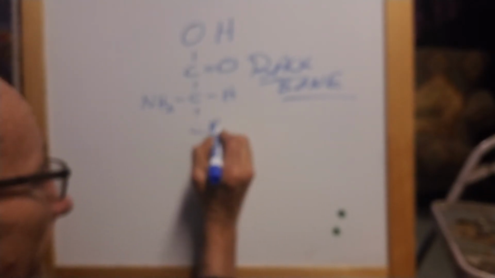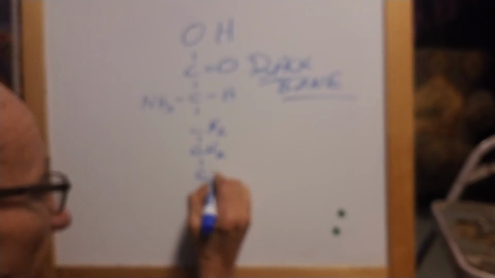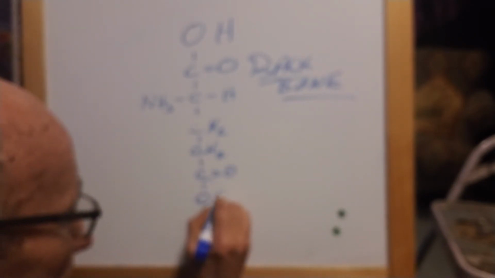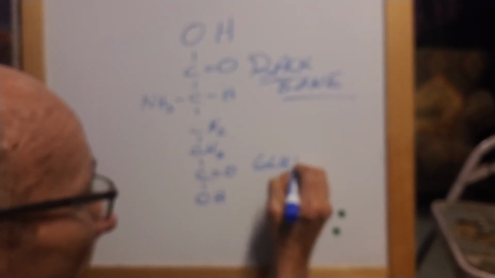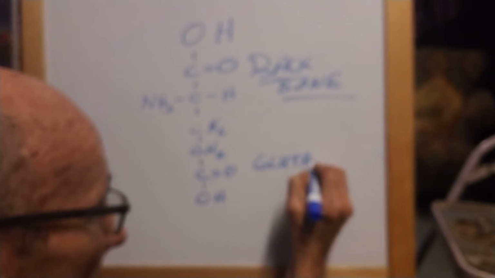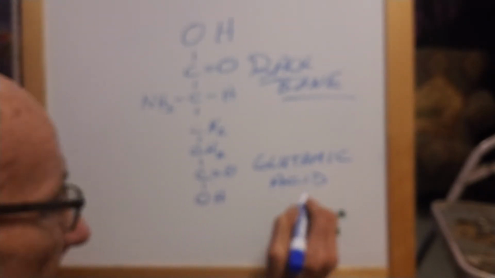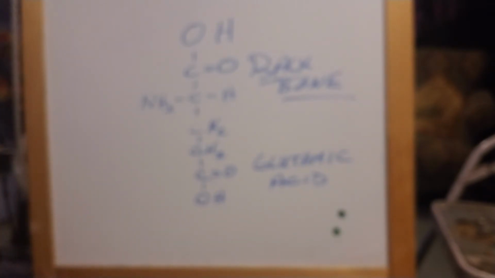CH2, CH2, carbon double bonded to an oxygen with an OH. Glutamic acid. But this is a non-essential.